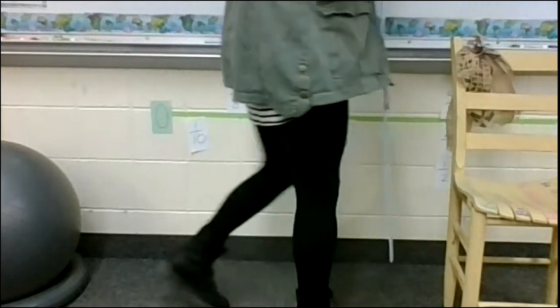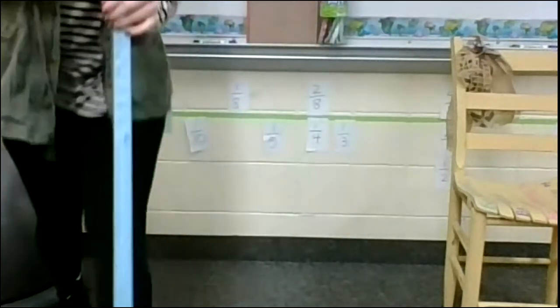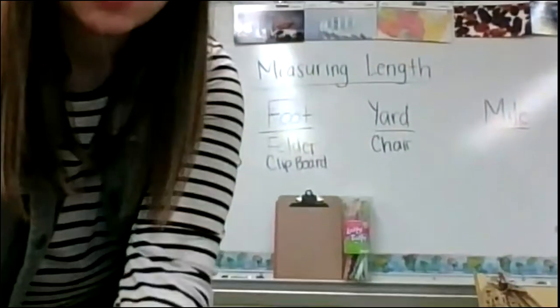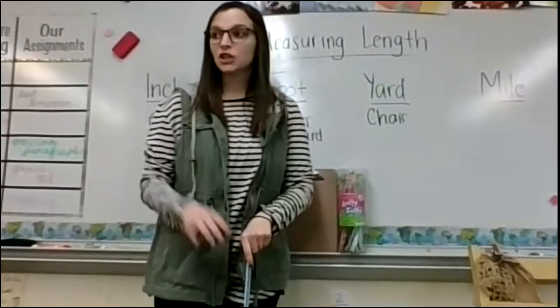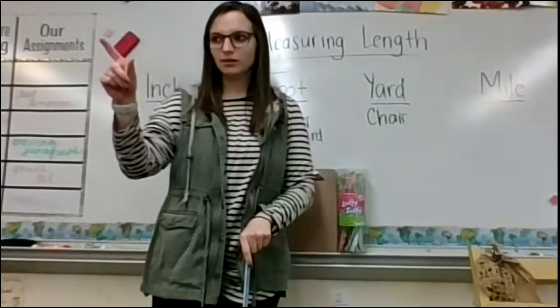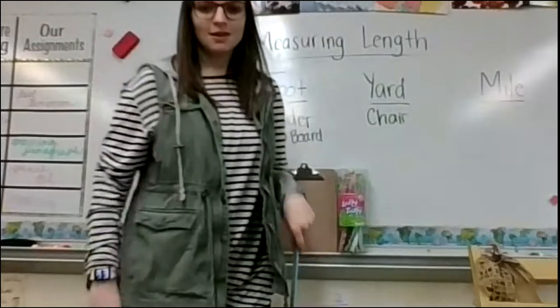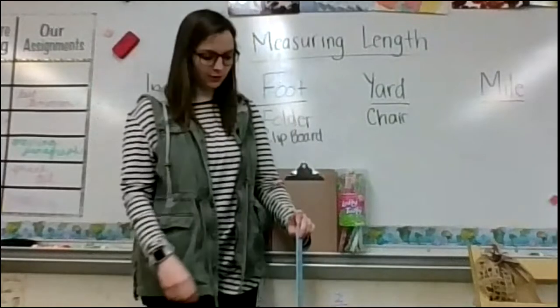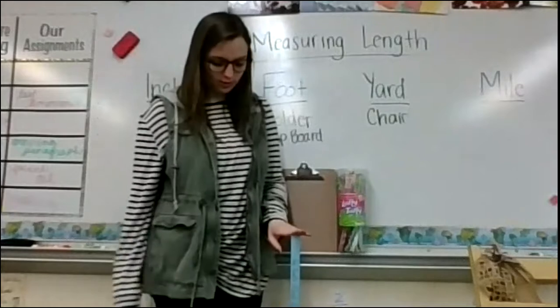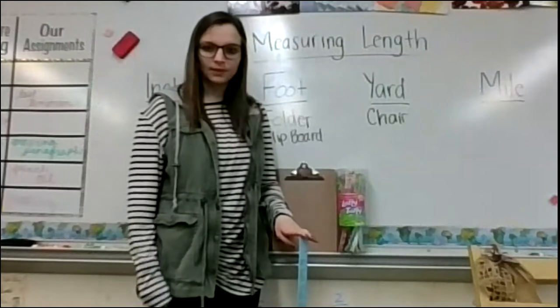Another example that I found when I was wandering around the classroom was the height of our shelf that has our math games on it. I couldn't bring that over here, but you guys know what I'm talking about, I think. So that shelf stands about this tall, so it is about 1 yard tall.